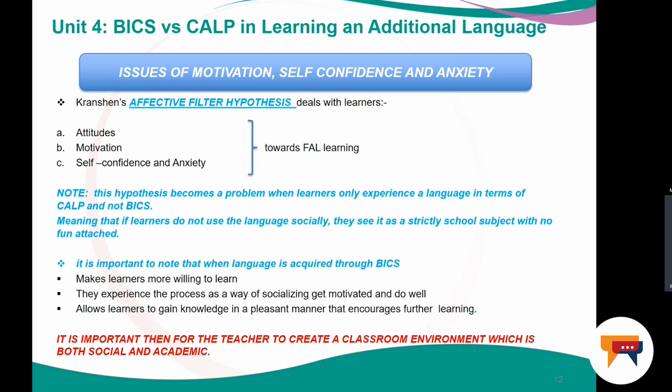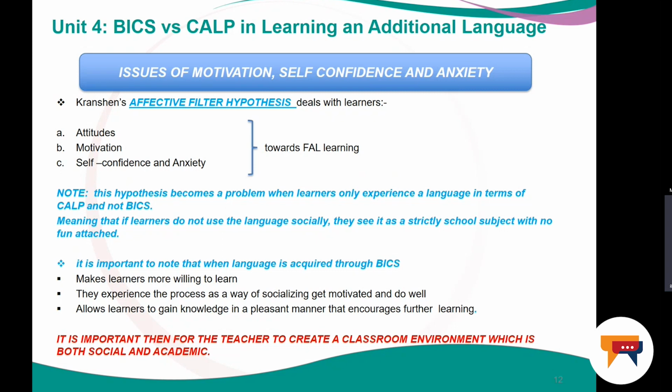Let's look at them. Krashen's affective filter hypothesis deals with learners' attitudes. It has to deal with their motivation, self-confidence, and anxiety towards learning of FAL. Now, that note is very important.